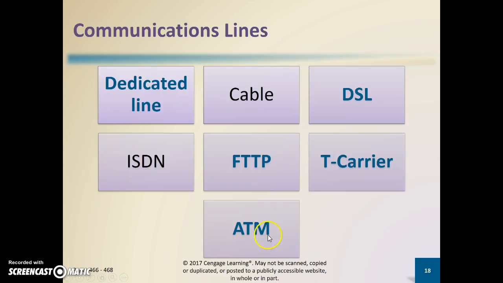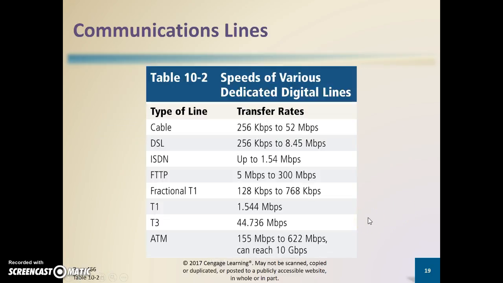It's kind of cost prohibitive now, but in the future it might not be so. This just gives you some speeds of different digital lines and what you can expect, and you can see that the ATM has the highest speed.